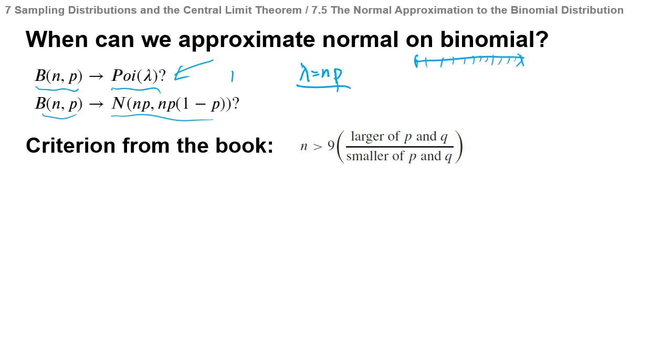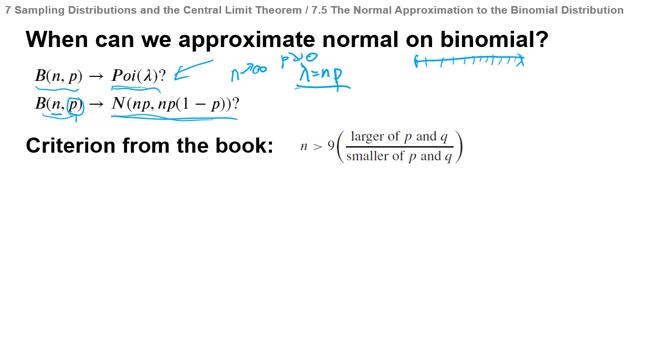So if n goes to infinity, p goes to 0, and lambda is a fixed constant. In this situation, the binomial distribution converges to the Poisson distribution. However, if p is a fixed constant and n goes large, the binomial distribution converges to the normal distribution.